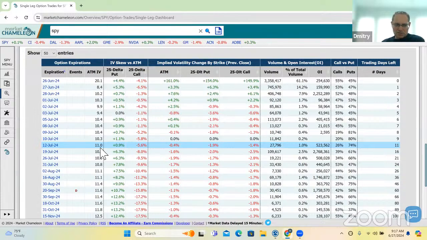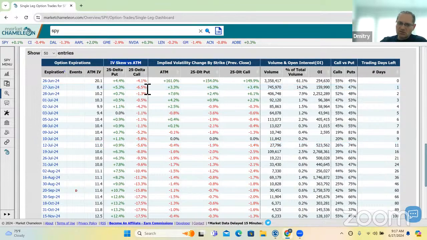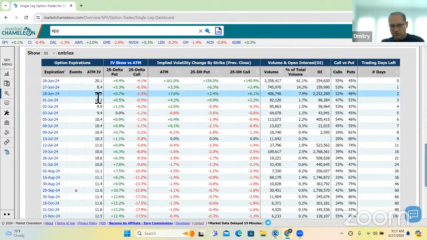But we have a lot of strikes, and we could graph it, or we could use some benchmarks just to get an idea what the skew may look like. What we do here is take that at-the-money implied volatility. So you can see here, in June, we take the at-the-money IV, and it says it's 10.2.